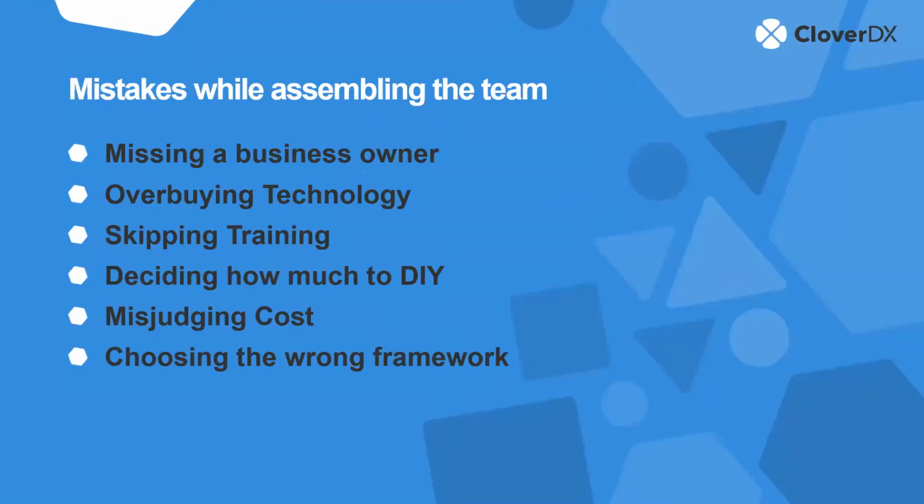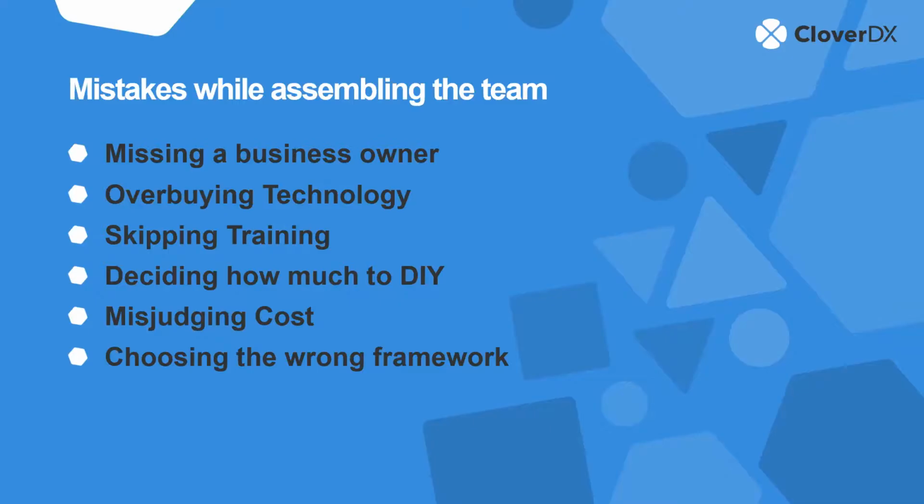Right, so those are six areas where we see mistakes when you're assembling your team. Not having a committed business owner, maybe trying to buy too much technology. Don't skip that training. Be careful about where you put yourself on the DIY spectrum. Be careful judging cost and all the places where cost can surface.